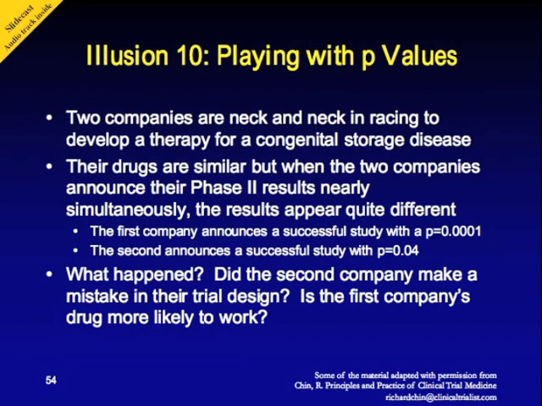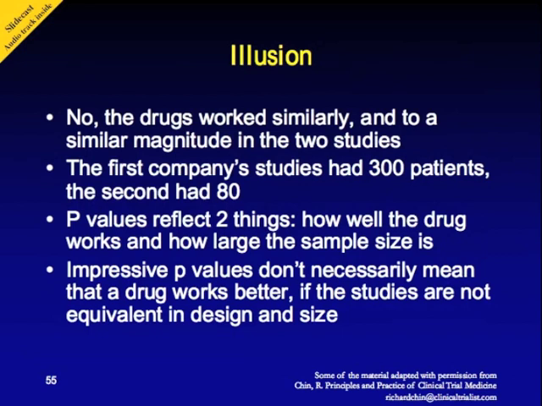Does this mean that one company's drug is much better than the other? Well, that could be true, but equally plausible is that the drugs were actually very similar and worked with similar efficacy, but one company just had a much larger study than the other.